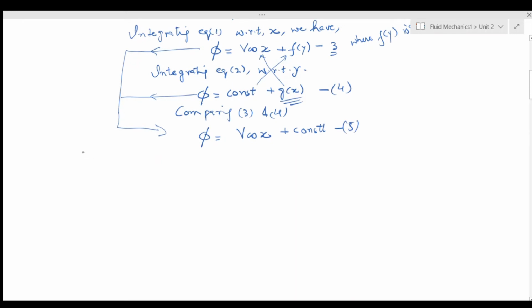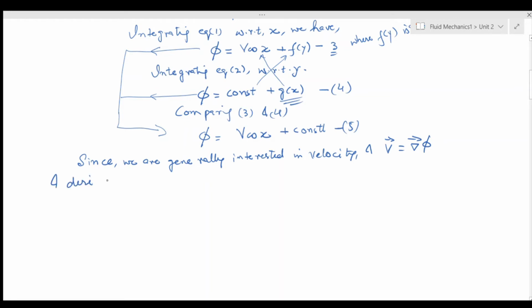Now, since we are generally interested in velocity, and velocity is given by del of phi, and we also know that the derivative of a constant is 0.